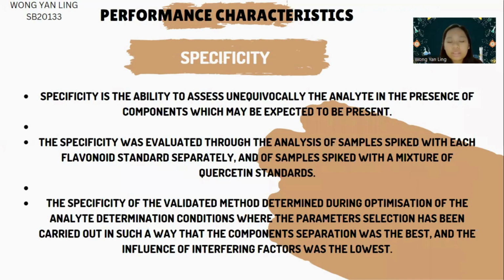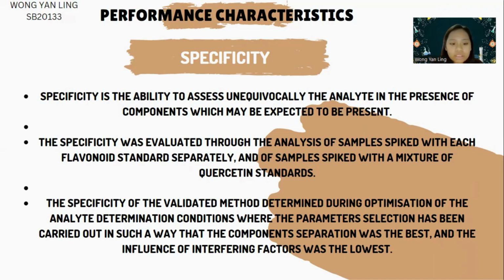So the next part will be the performance characteristics. The first one is specificity. What is specificity? Specificity is the ability to assess the analyte in the presence of components which may be expected to be present. The specificity was evaluated through the analysis of the sample spiked with each flavonoid standard separately and of the sample spiked with a mixture of quantity standards.